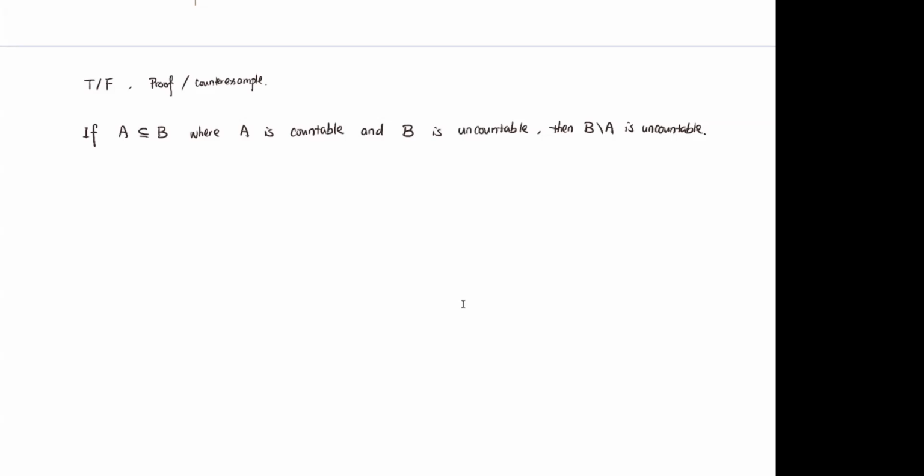Oh, if X is an element of A and A is a subset of B, then it means X is in B as well. That's basically the definition of subset.